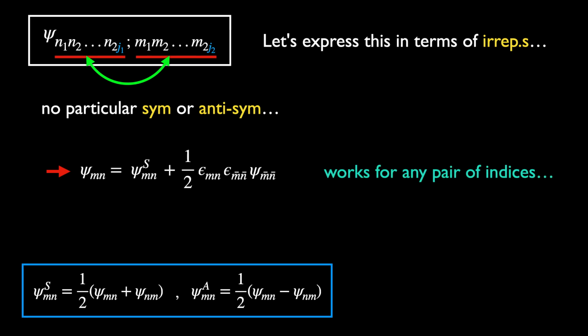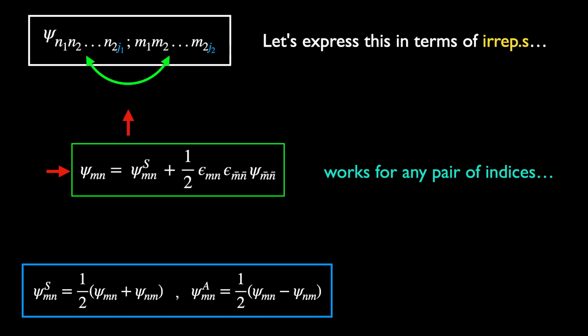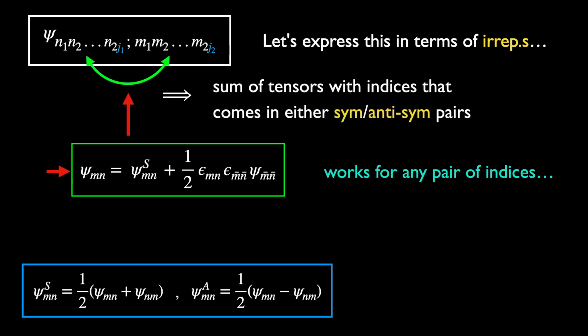We just have to apply this to our tensor above between its two sets of indices. We can continue to do this until each index on the left-hand side of the semicolon is paired with an index on the right, or vice versa, depending on which has more indices, until we run out of pairs.